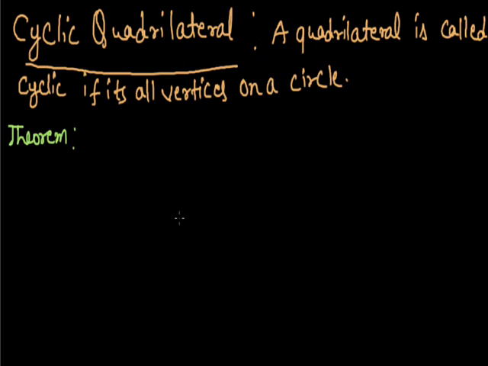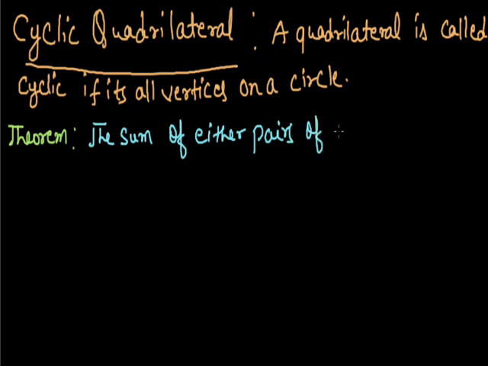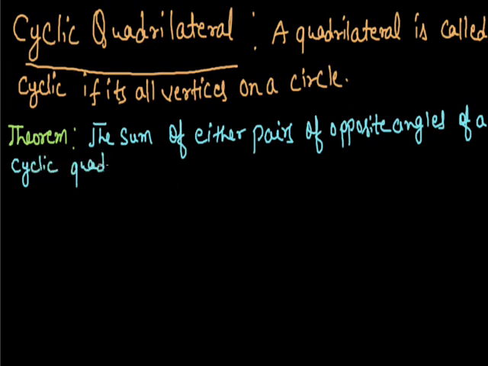Statement: the sum of either pair of opposite angles of a cyclic quadrilateral is 180 degrees.